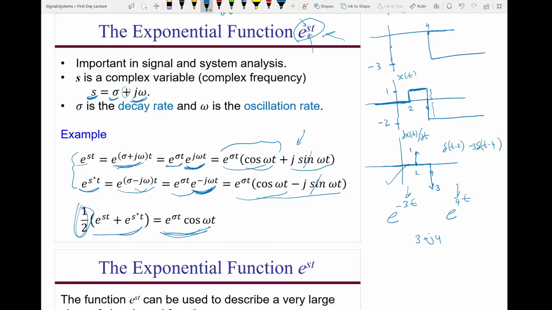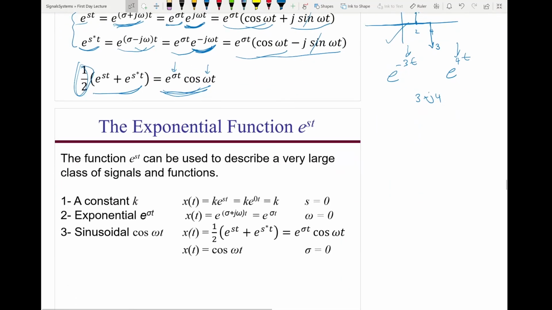Let's look at the next slide. Depending on the value of sigma and omega, you can have different shapes of the signal. For example, if I choose s just to be 0, sigma plus j omega, sigma is 0, omega is 0, then I just get a constant, k. So that's a DC. I can express a DC voltage of 3 volts just like this, where s is 0.